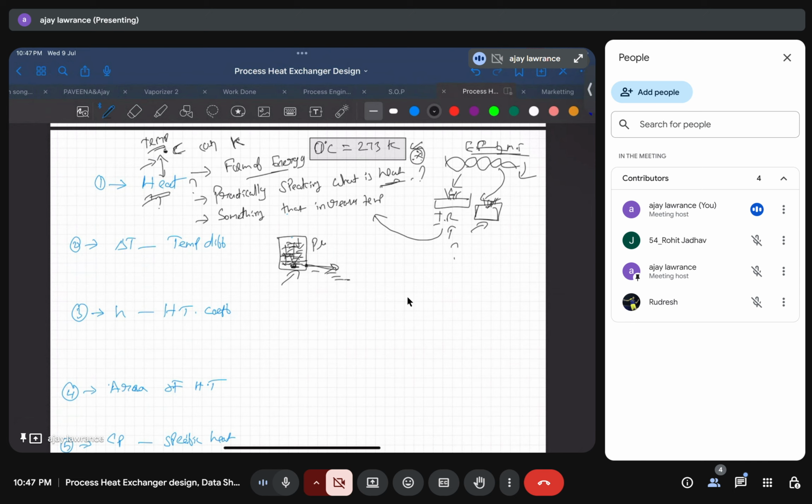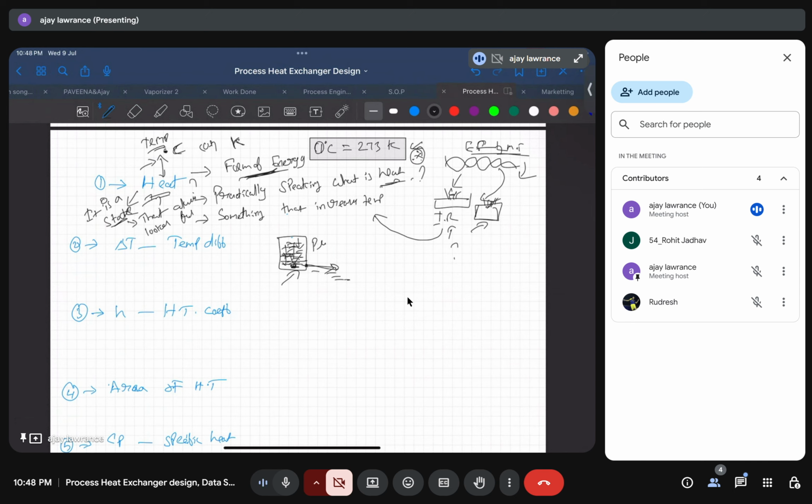Heat is simply a state. Heat is a form of energy that we have written already, Rohit. Heat is energy only. But what is energy? It is a state that always looks for attaining equilibrium.